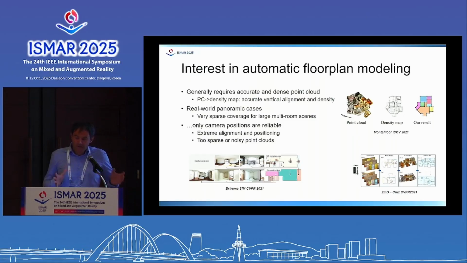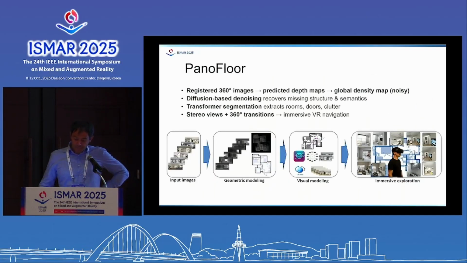So we have as input several panoramic images and their positions, but we don't have a reliable dense point cloud, so I need the 3D information. Then here in our work, we present our approach called PanoFloor, that starts from a bunch of 360 images.